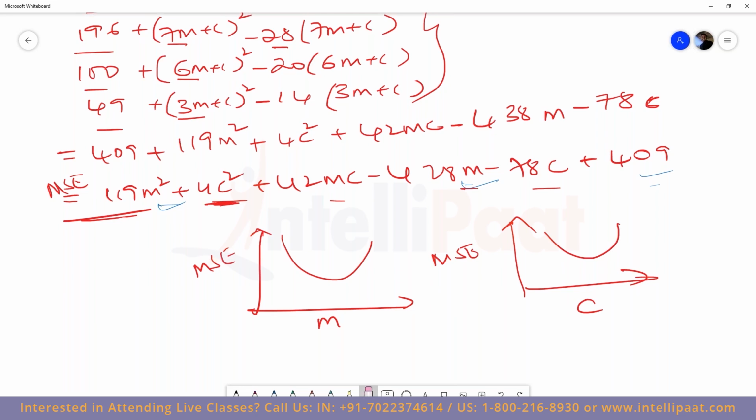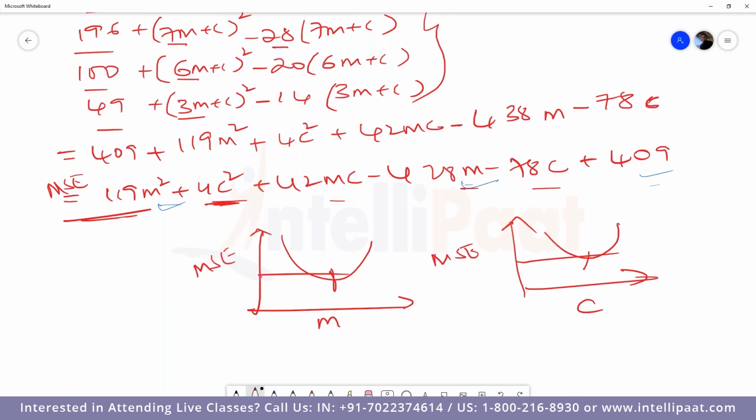Okay. So basically what we're saying is that your model has a particular value of M where your mean squared error is the minimum. Similarly, your linear regression has a particular value of C where your mean squared error is the lowest. I mean, it cannot be zero, because if it has to be zero, that means your line has to cut through every data point.